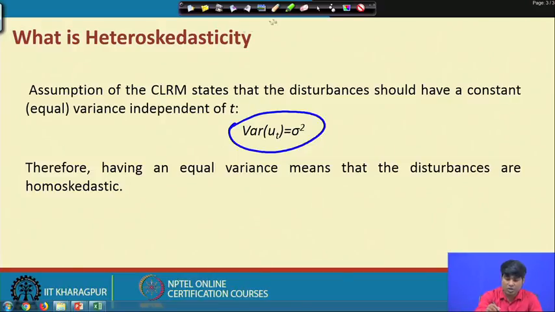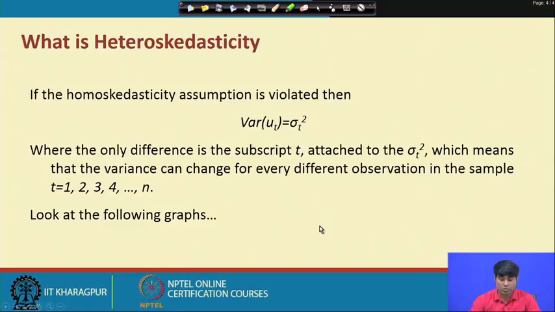So, let us see how the flow goes so far as detection criteria is concerned. Of course, we understand what exactly heteroskedasticity is, but ultimately we would like to know something more about this component: how to detect it, what are the ways you can check it, and what are the reasons through which it enters the system.